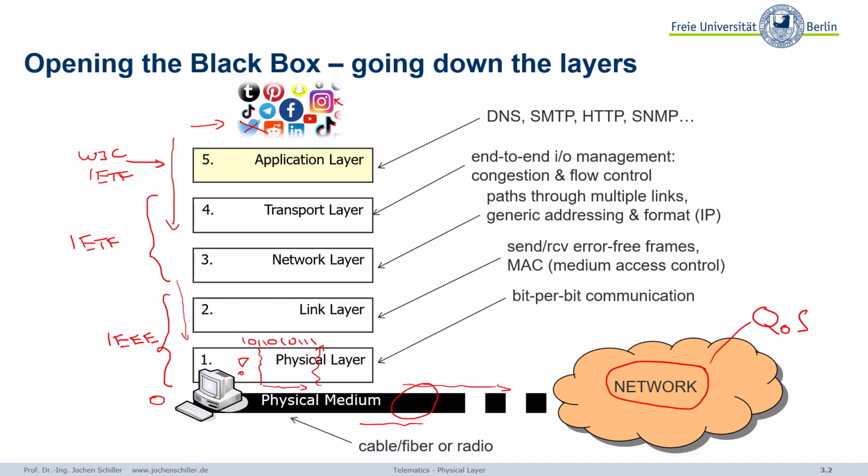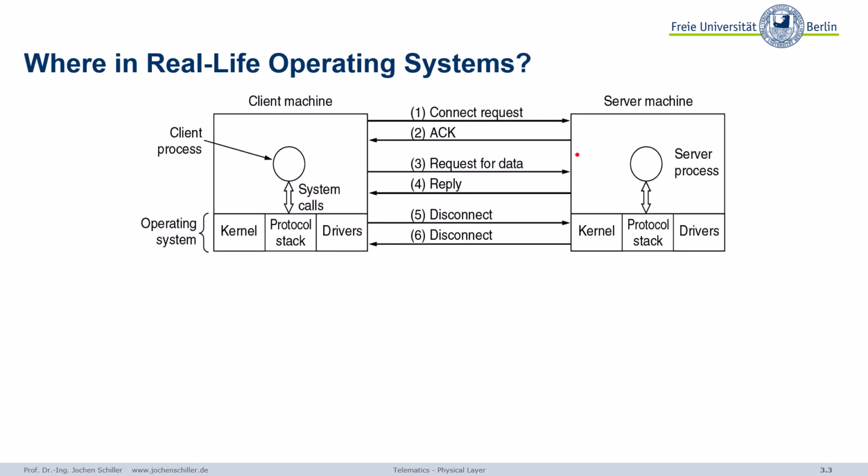Okay, so this is a bit abstract. These are layers with certain concepts. We'll dig into all these layers, but where are these layers? If you have a look at your computer, where are the layers in your computer? Well, this is a simplified diagram showing a client and a server.